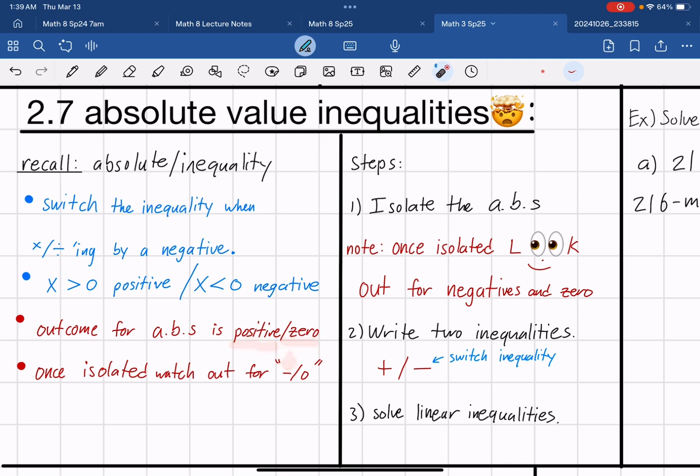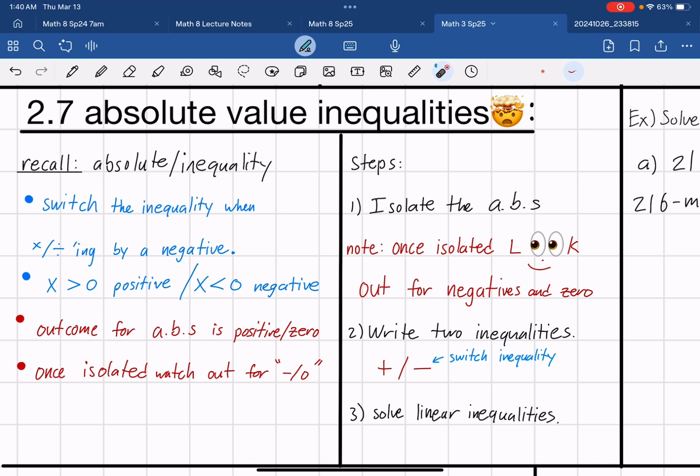If your absolute value is isolated and it's equal to a negative, we know that cannot be a solution. Whereas when it's equal to 0, you only end up with one solution. When it was equal to a positive, that's when we had to create two separate equations.